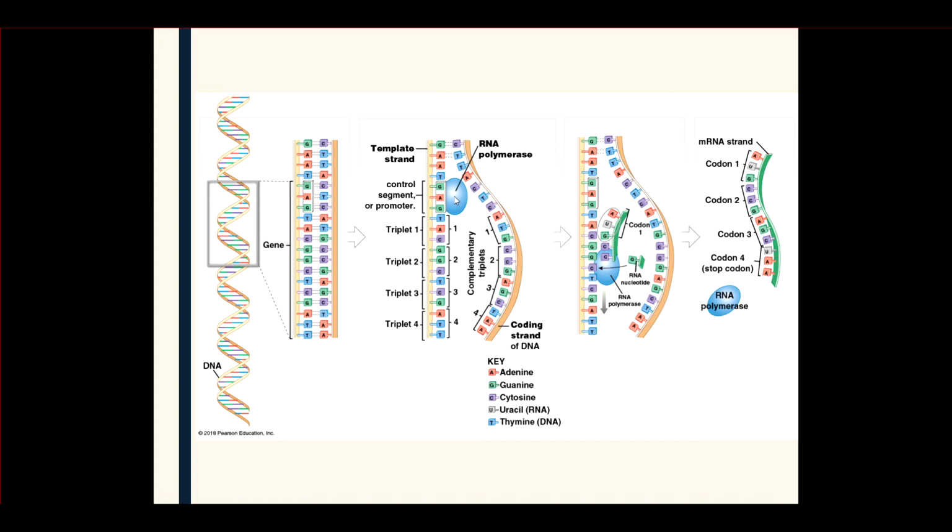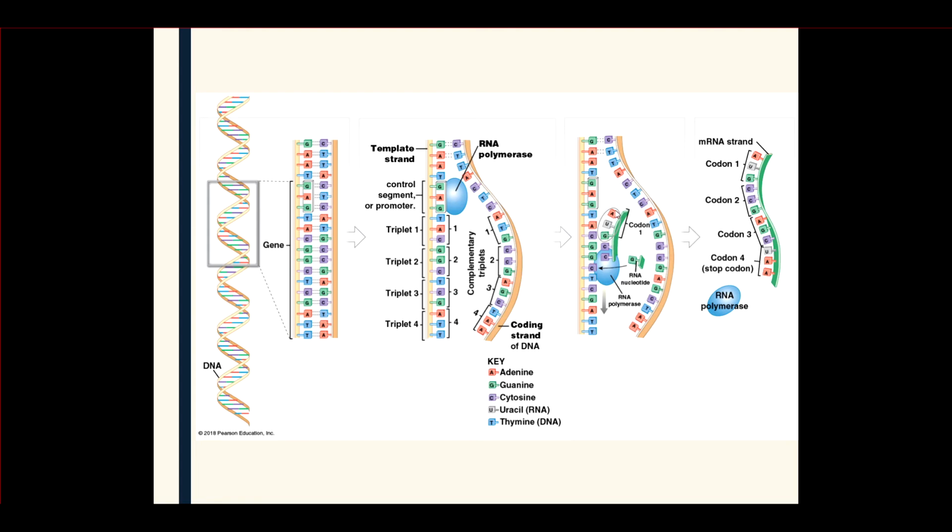Okay, so the RNA polymerase is going to go down and read each one of the triplets, and then it's going to pick up nucleotides and start making a copy of the template strand on messenger RNA. That sequence of 3 in messenger RNA, we do not call a triplet, you're going to call a codon.